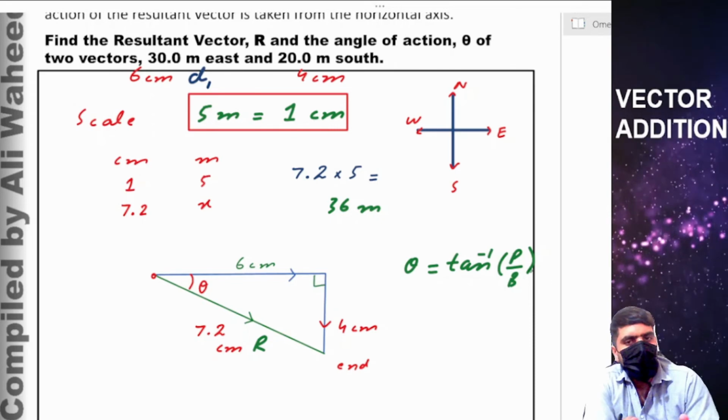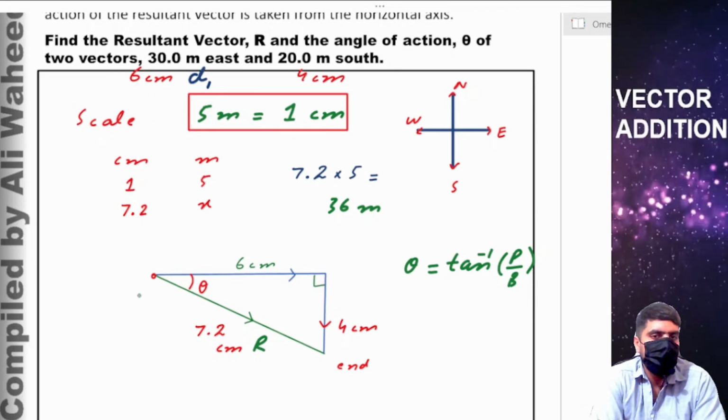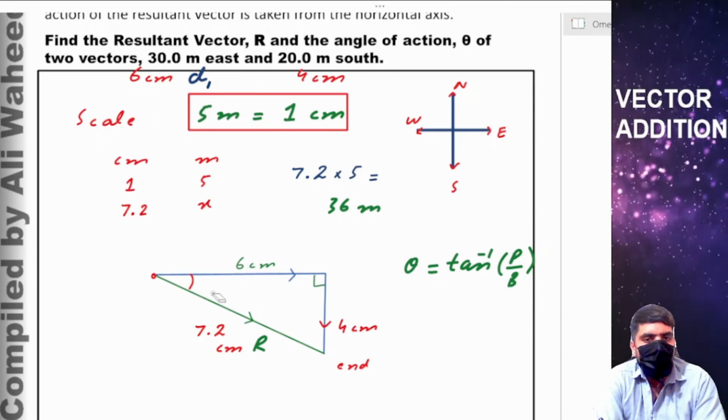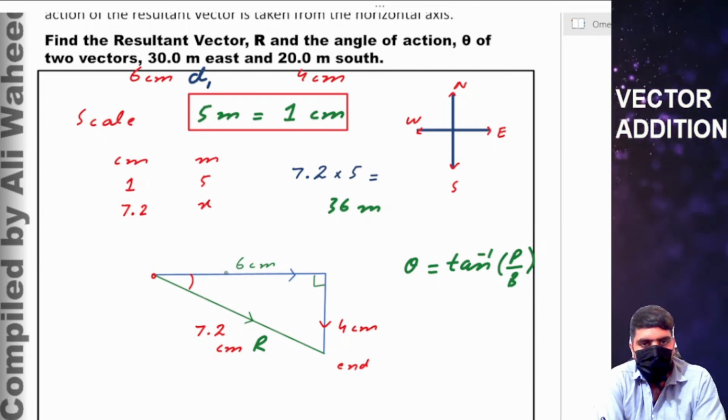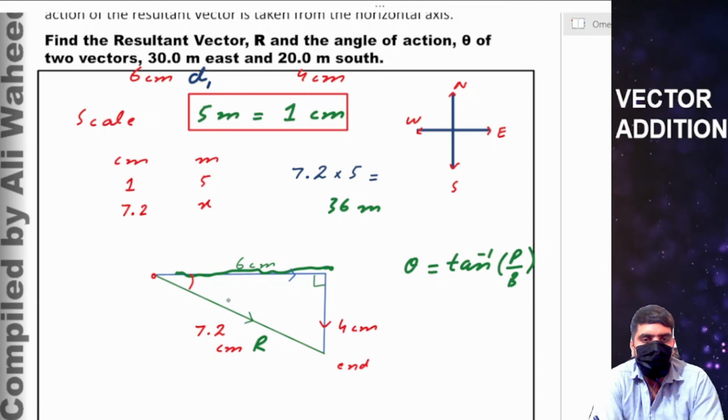If you don't want to do that, that's totally fine. Simply take out the protractor, put the reference line of the protractor over here and measure the angle, this one.